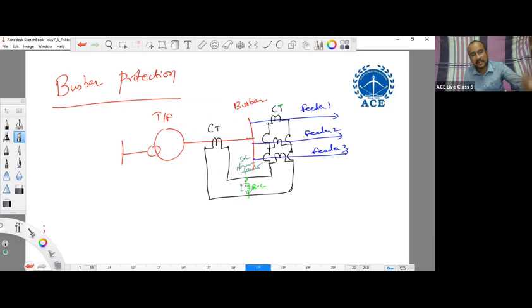So the question may be asked like this: how can the bus bar be protected? Bus bar can be protected by using what? Percentage differential relay.